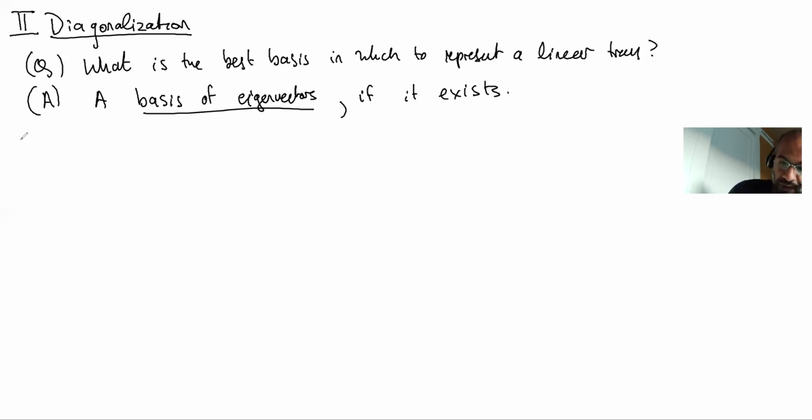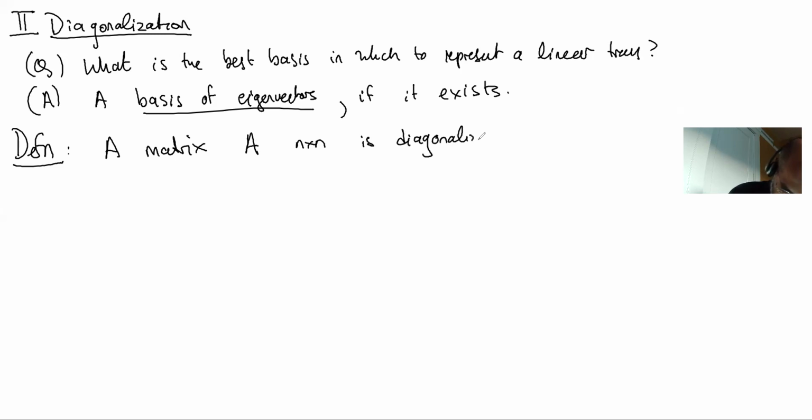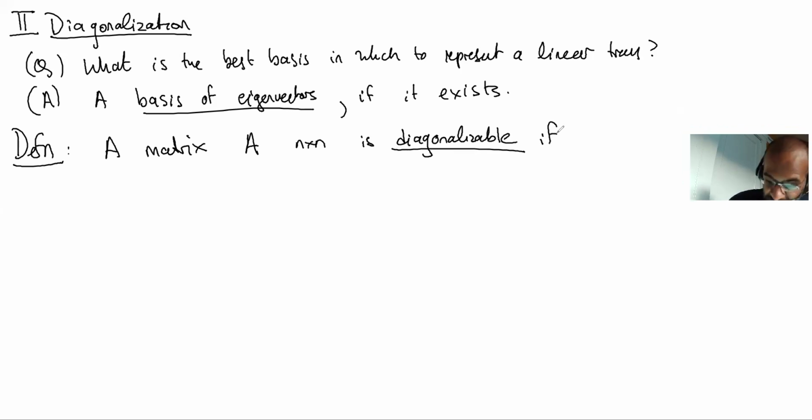So this brings us to diagonalization. Let me define what diagonalizability is. An n by n matrix A is diagonalizable if it is similar to a diagonal matrix.